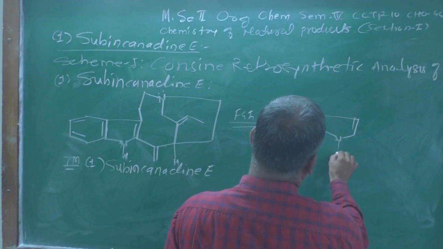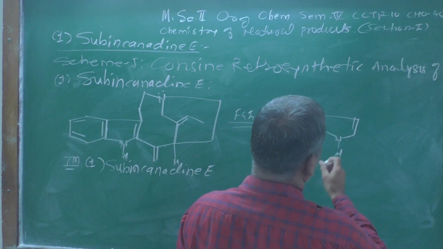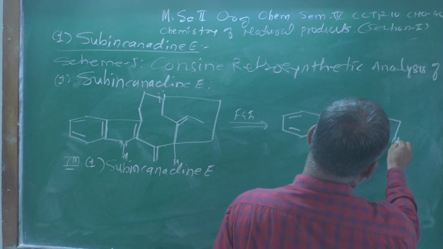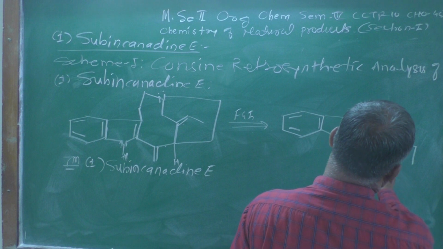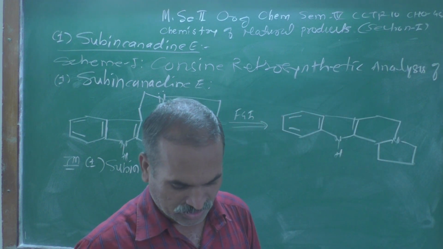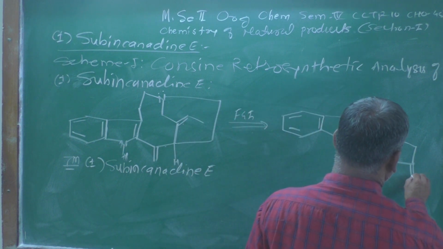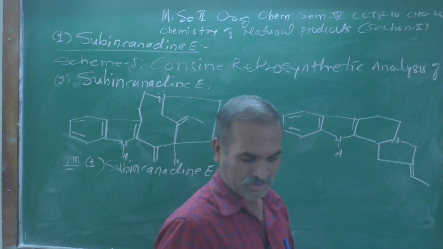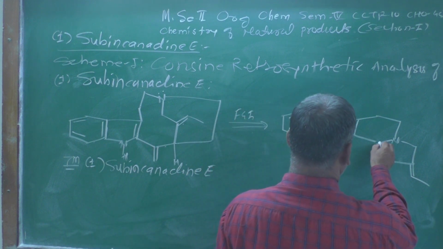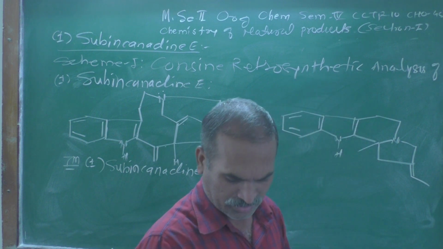Remember this one, here is a double bond. Now here I am writing a 6-membered ring, and then immediately a 5-membered ring I am attaching, and here is a double bond, that olefin is there, and one of the bonds I am representing here.